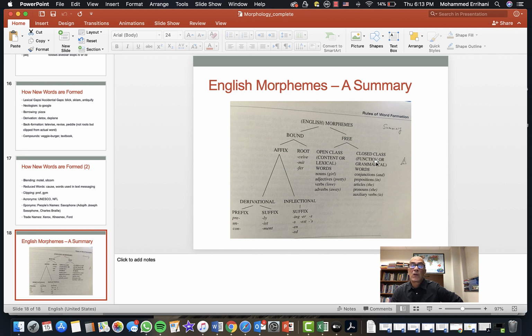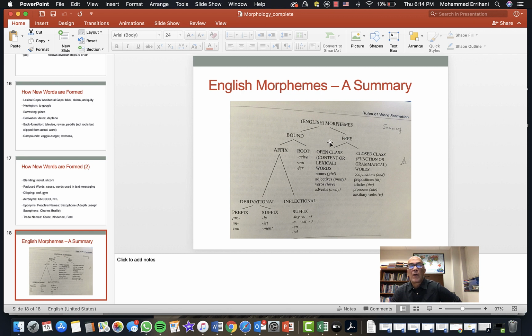They can also be closed class, function, or grammatical words, such as conjunctions, prepositions, articles, pronouns, auxiliaries, etc. So these are free morphemes. They can stand on their own. There are two types again, content or function. This is easy. The ones that are a bit complicated are the bound morphemes.